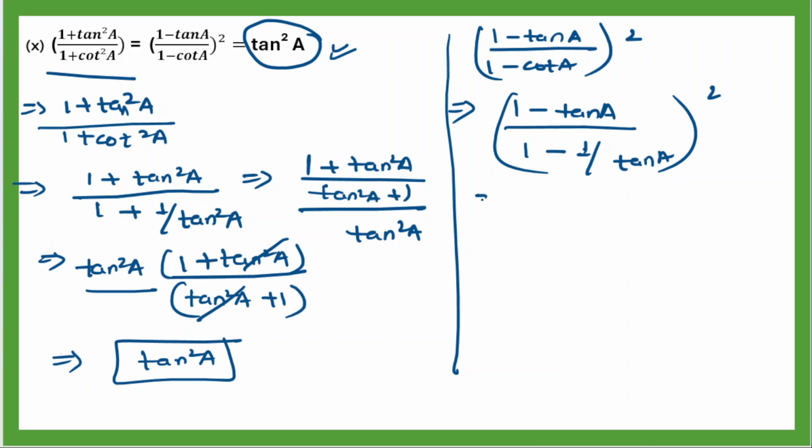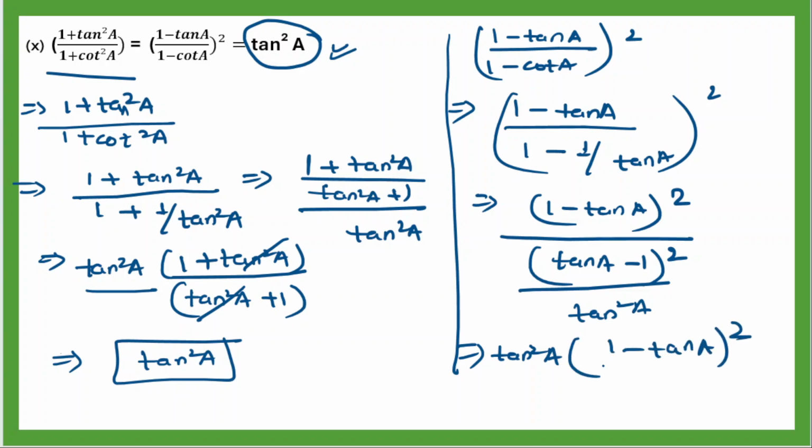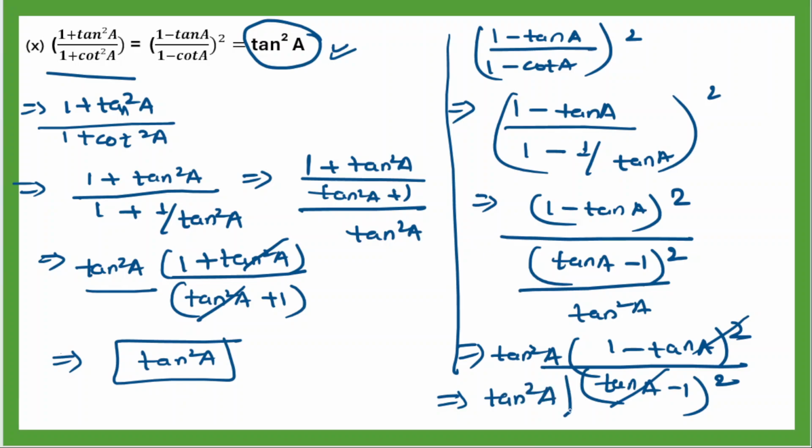So it will be 1 minus tan A whole square divided by tan A minus 1 whole square divided by tan square A. So we will write it as tan square A, 1 minus tan A whole square divided by tan A minus 1 whole square. And we know that it is square, so we can write 1 minus tan A as tan A minus 1. So it will cancel out and we will be left with tan square A.